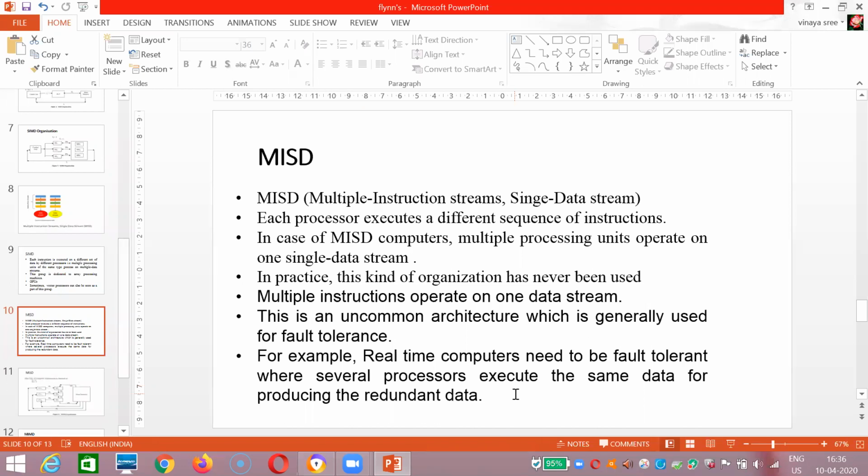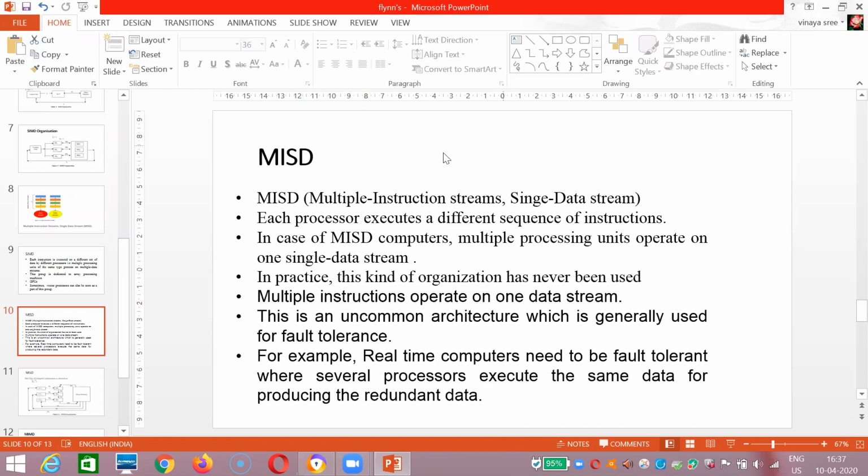Let us consider an example. Let us consider there is redundant data. In order to identify a fault, for multiple instructions you maintain the same copy of the same data.